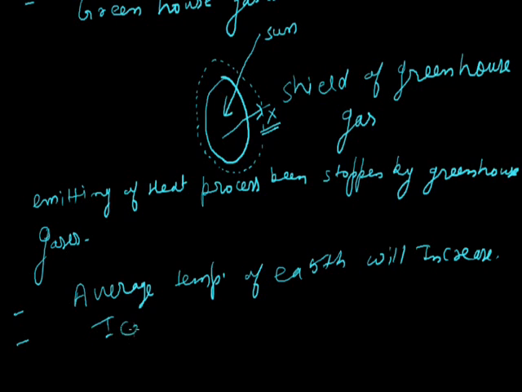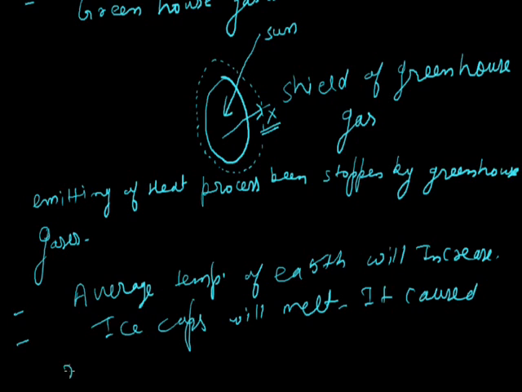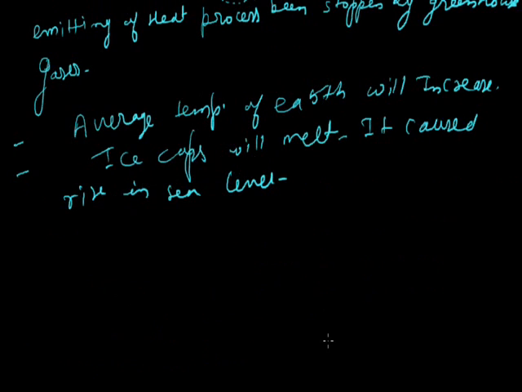The ice caps will melt due to the temperature increase, and it causes a rise in sea level, which will increase the coastal area. It means gradually the area present at the coast will merge inside the water. So it's called global warming.